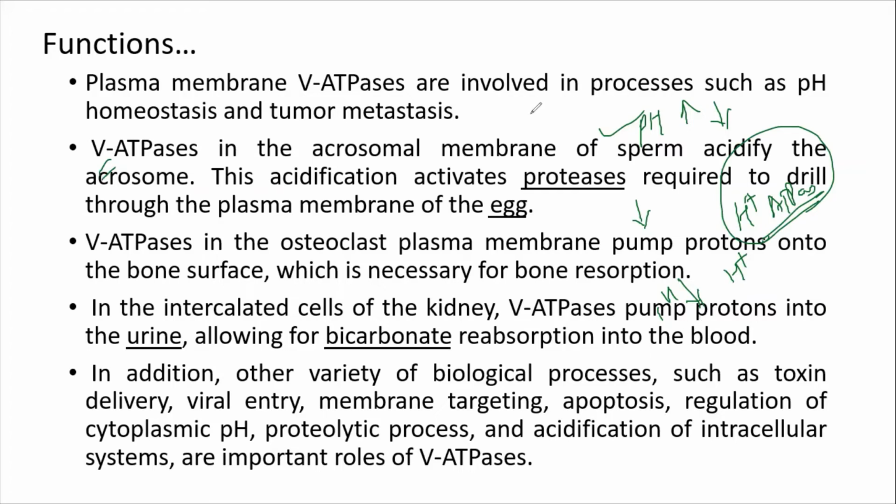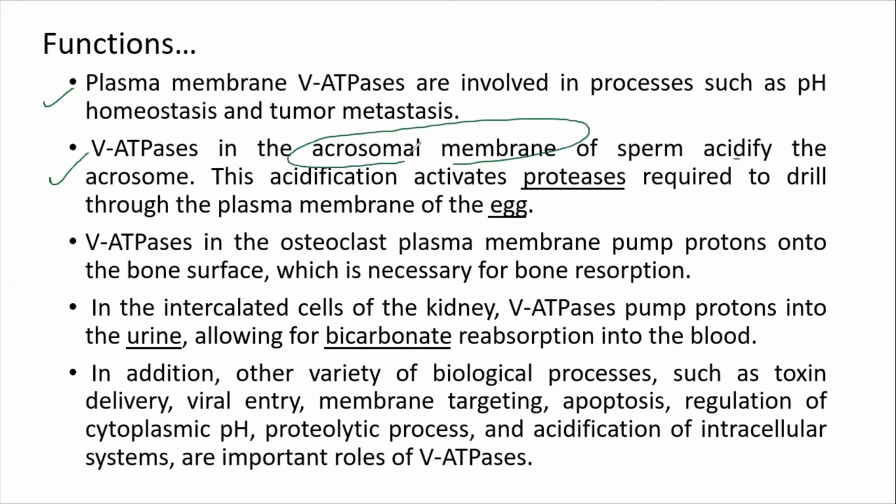Okay, yeah. So V ATPases in the acrosomal membrane. This is another example. One example I have already given. This is another one. So in the acrosomal membrane of the sperm, they acidify the acrosomes. This acidification activates proteases, which is required to drill through the plasma membrane of the egg. So guys, I hope you know what is the acrosomal membrane of sperm. अगर आपने देखा हो, so we have got the egg over here.